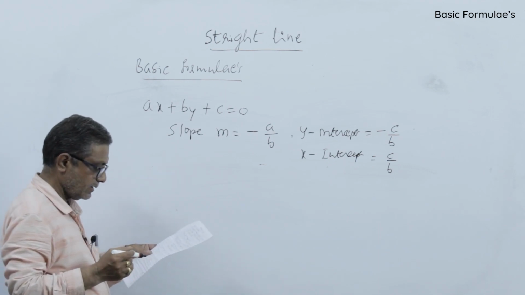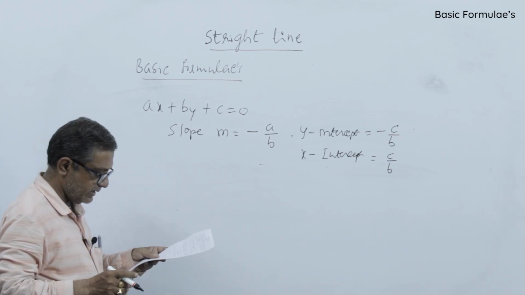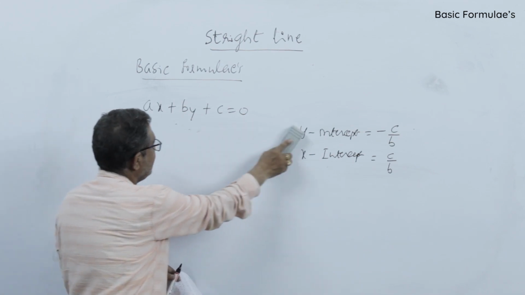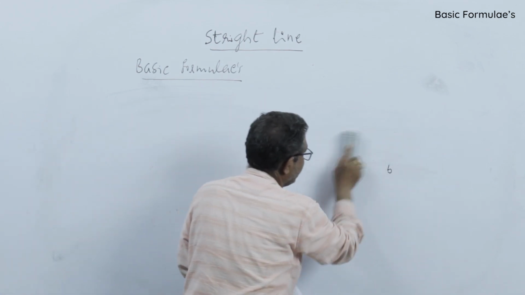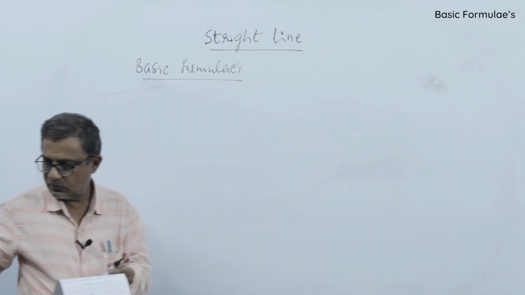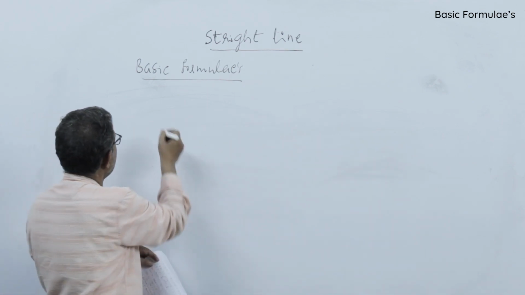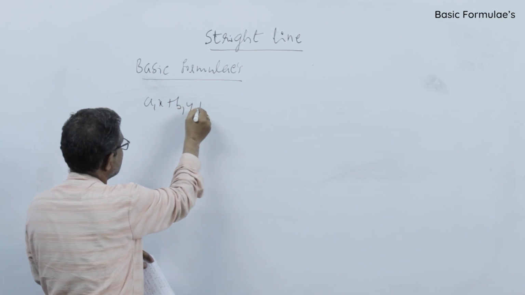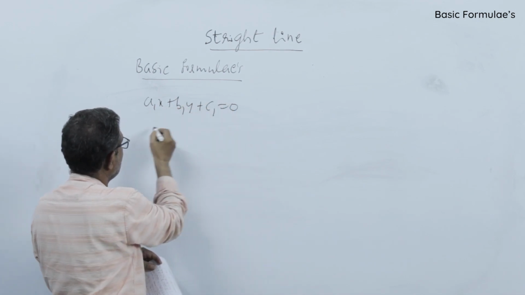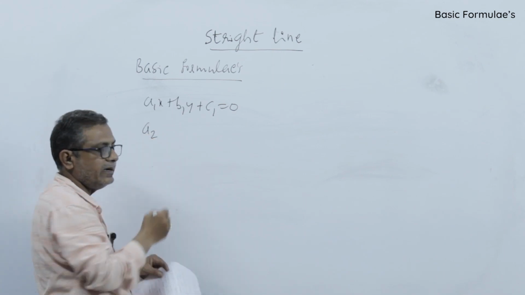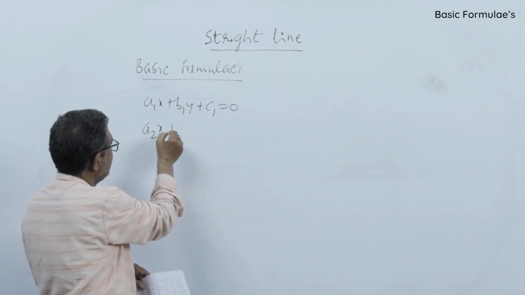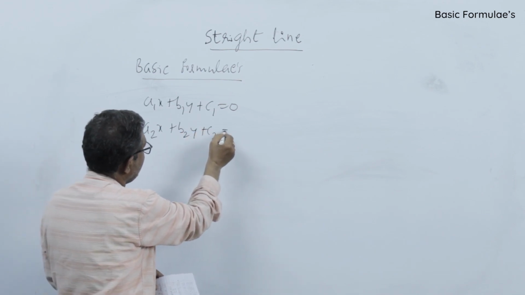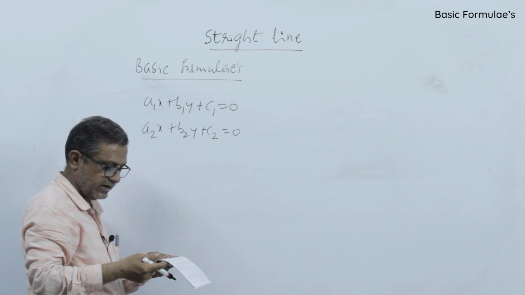Next, the angle between the two lines. One of the lines is a1x plus b1y plus c1 equal to 0, and another line is a2x plus b2y plus c2 equal to 0.